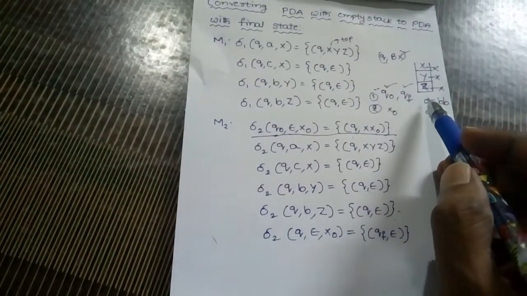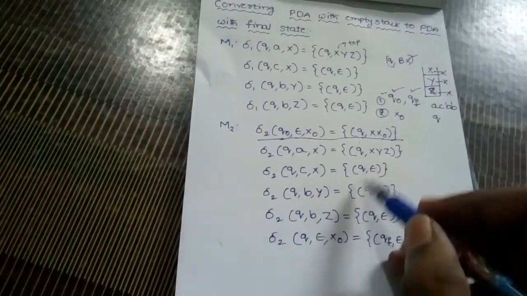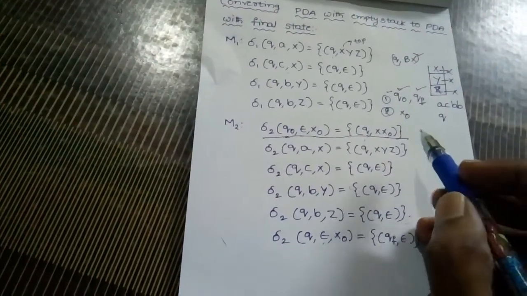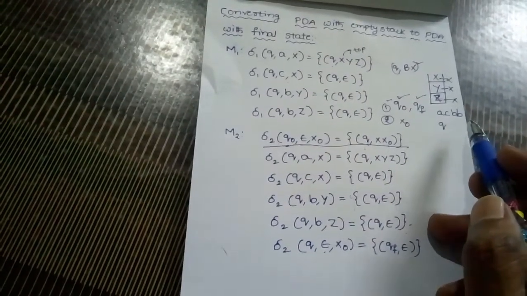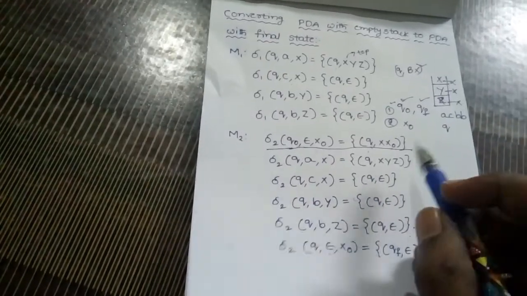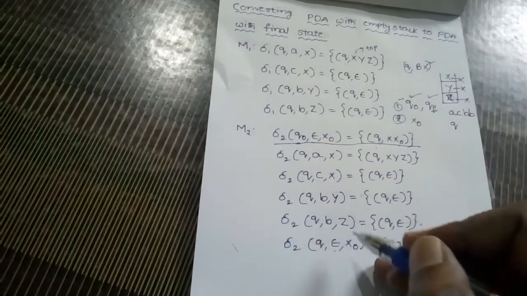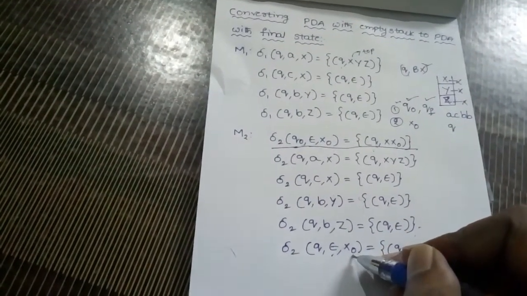So still you have to delete that X naught also, but you don't have any input symbol, so that's why here it is epsilon, because ACBB processing is completed. Only when ACBB is completed, the deletion of XYZ is completed. So for that you have to take the input symbol epsilon here, and after that what is the top of the stack now?